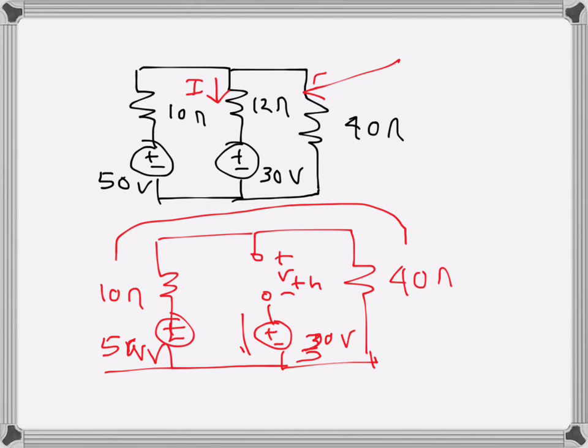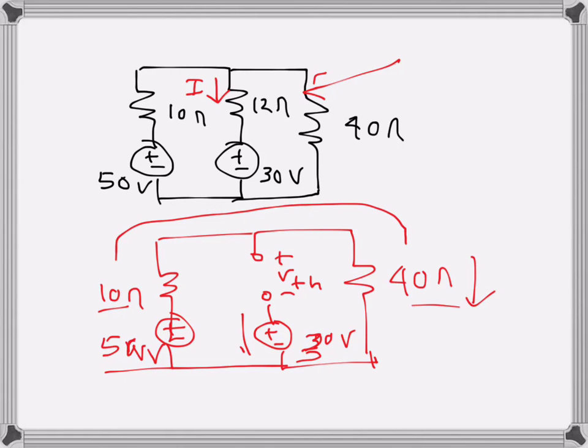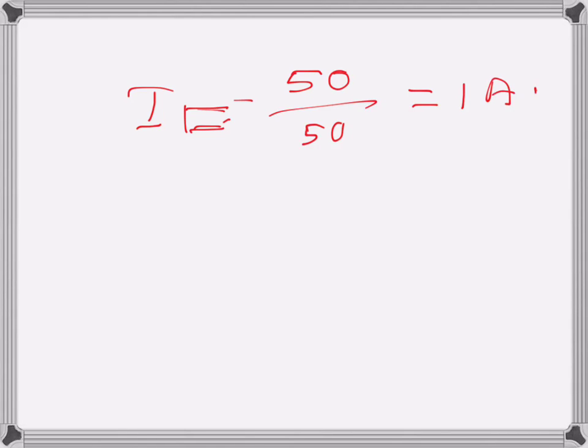So basically the resistance that the 50 volt source will experience is 10 ohms and 40 ohms in series. If I find a current, let's call it I1, the current through the 40 ohms resistance will be 50 volts divided by 10 plus 40, which is 50, so that will be 1 amp.